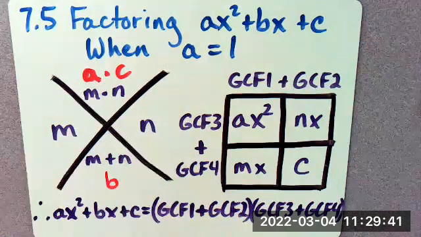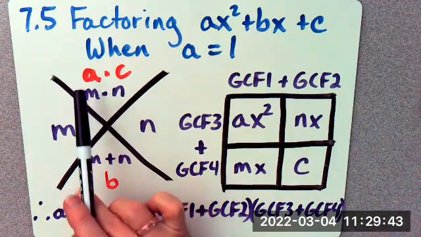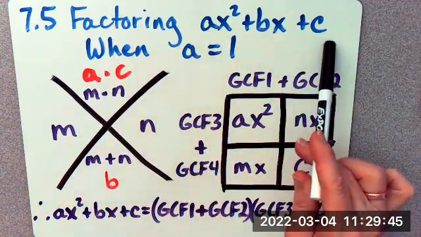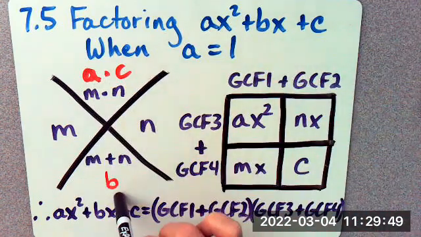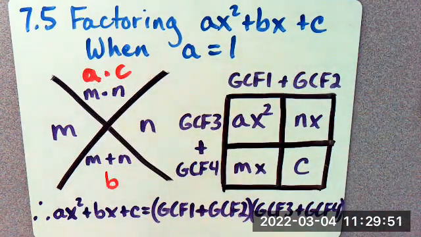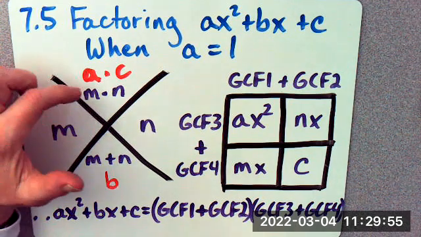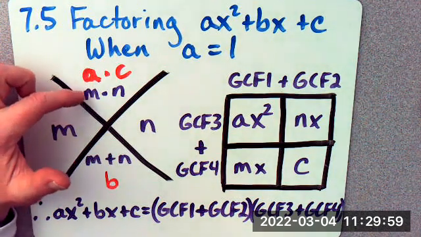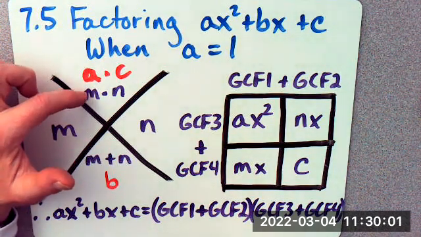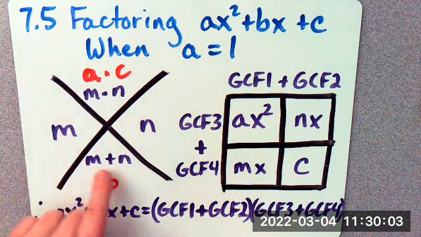So the diamond box, when we use this, we multiply a times c here, and then we just drop the b down here. So we look for the common factors of the product of a times c. The factors have to be able to be added.